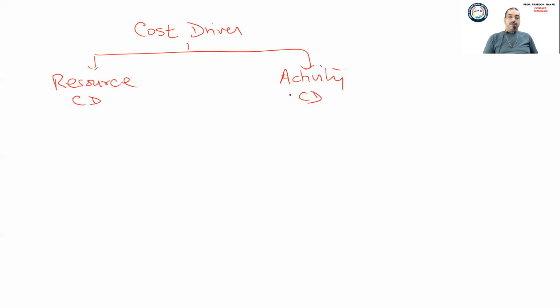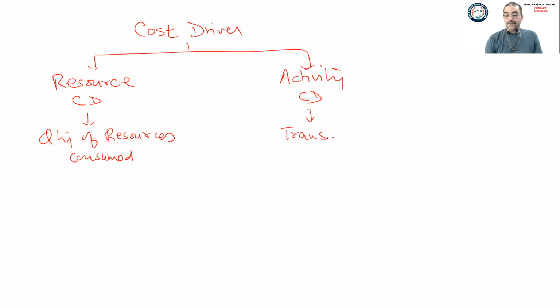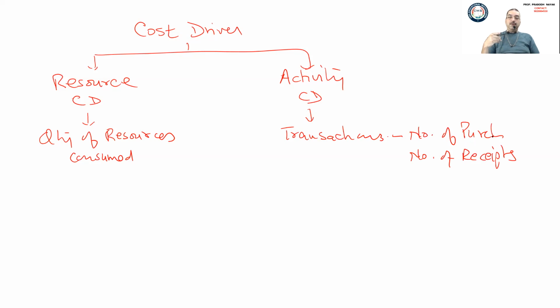What is an activity cost driver? Activity cost driver, here we are talking about quantity of activities performed. When we are talking about activity cost driver, we talk about number of transactions. For example, number of purchases, or number of receipts in a stores. Number of times I have received the raw material. Okay.